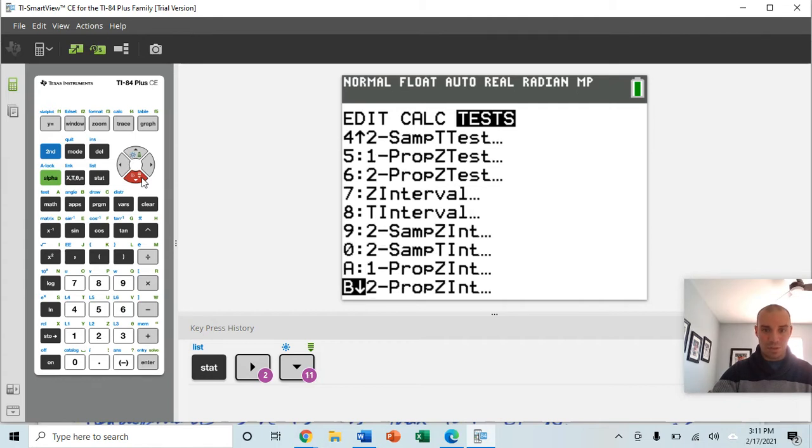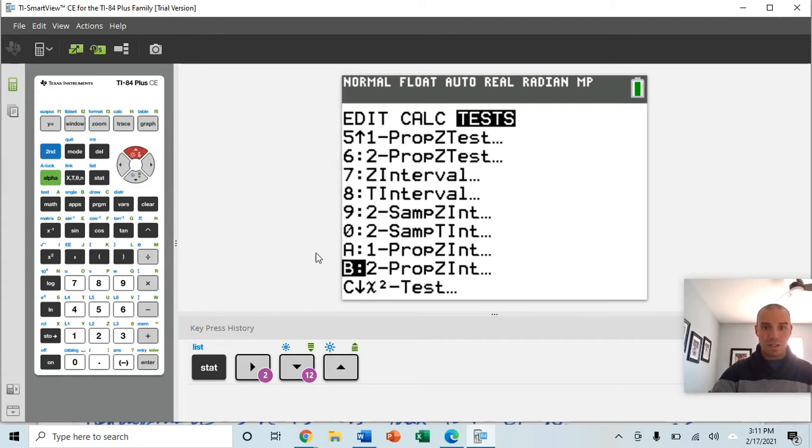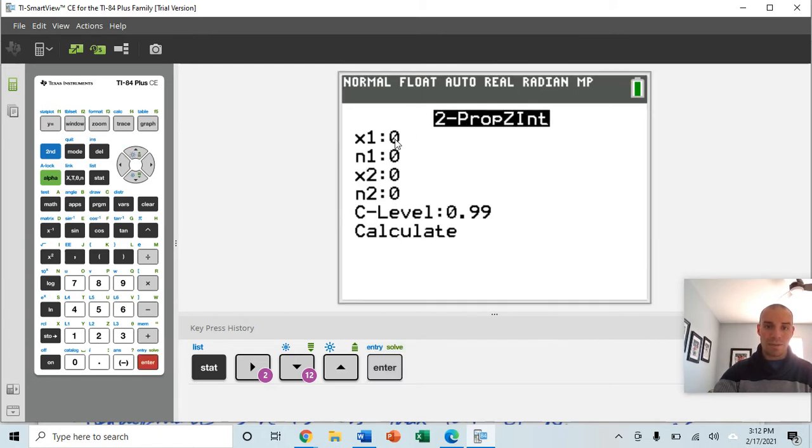What that stands for is 2, which is letter B right here, because we've taken two samples. Proportion, z is our test statistic or critical value, interval. If I go there, you'll see it's going to ask you for a couple of things: your sample size for your first population, your sample size for your second population, and then your confidence level.